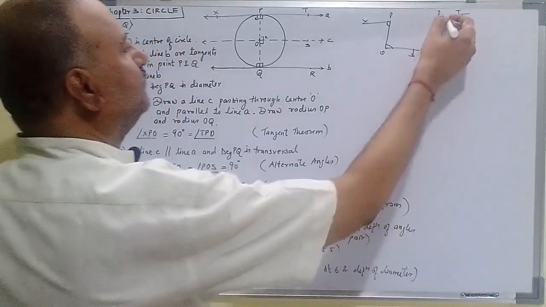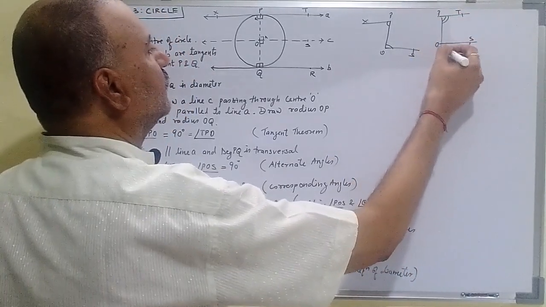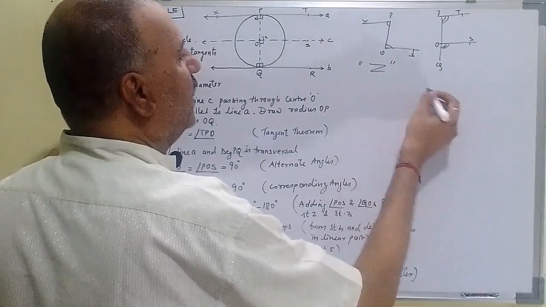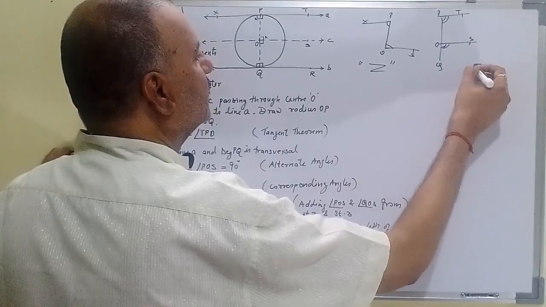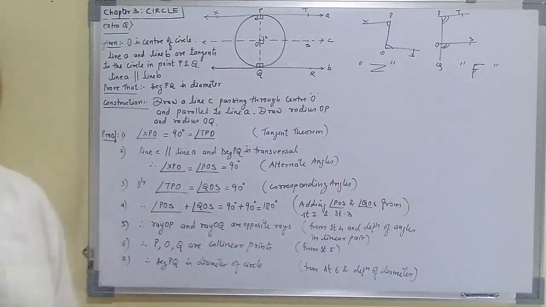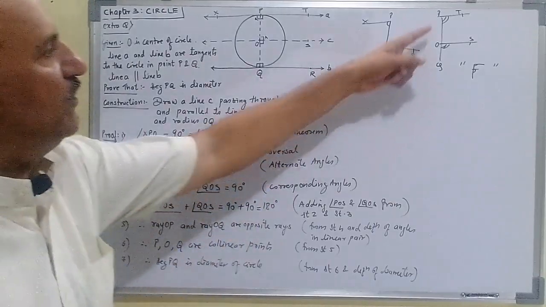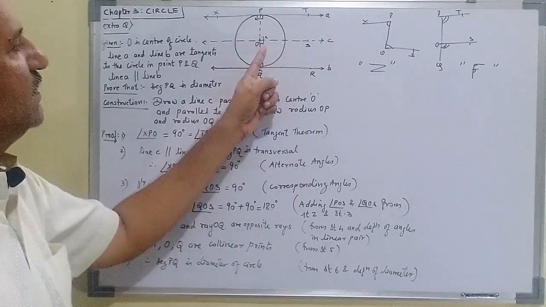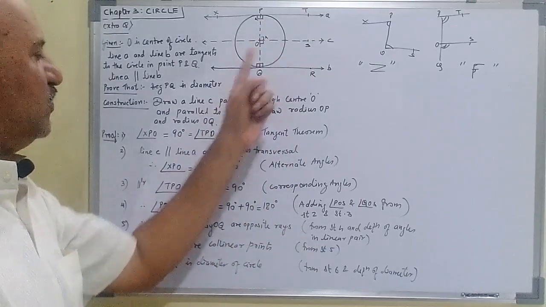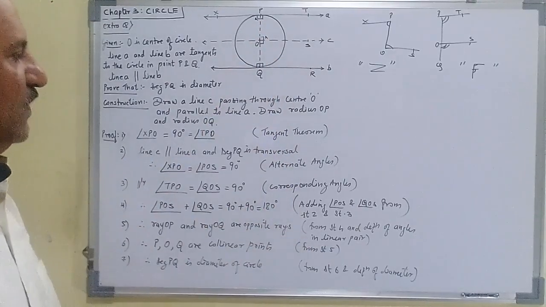TPO and SOQ: this is Z, alternate angles. This is F, corresponding angles. Therefore, this angle and this angle are also congruent. This is 90, so this also becomes 90.